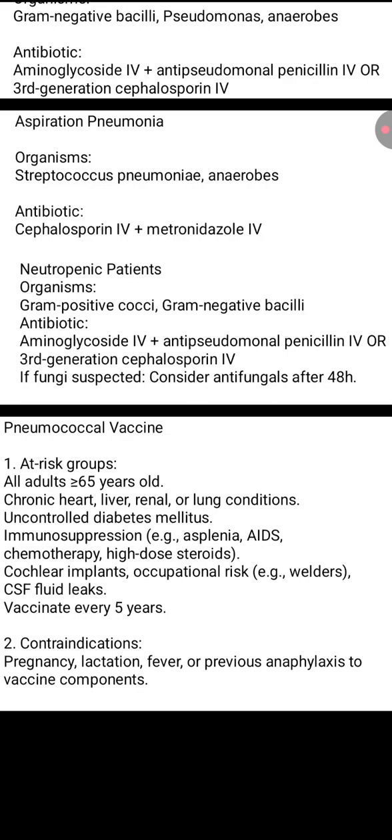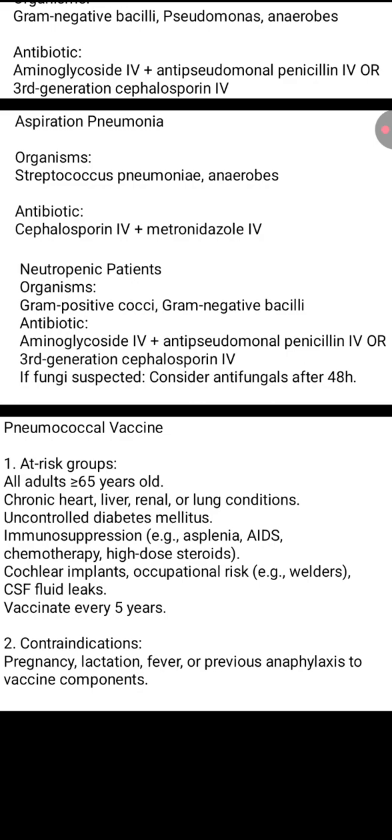The antibiotic of choice is an aminoglycoside intravenously plus anti-pseudomonal penicillin intravenously or a third generation cephalosporin intravenously. If fungi is suspected, you consider antifungal therapy intravenously after 48 hours.